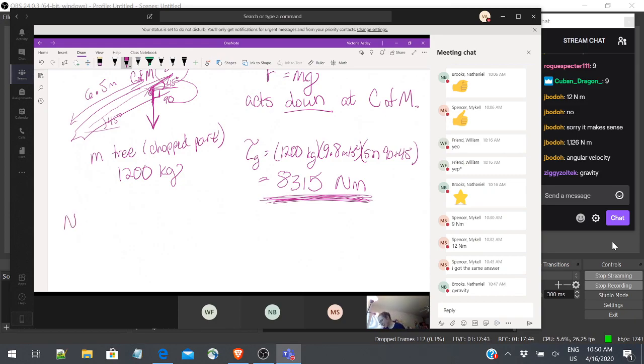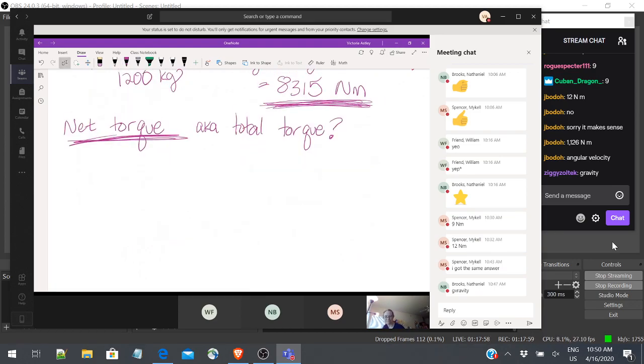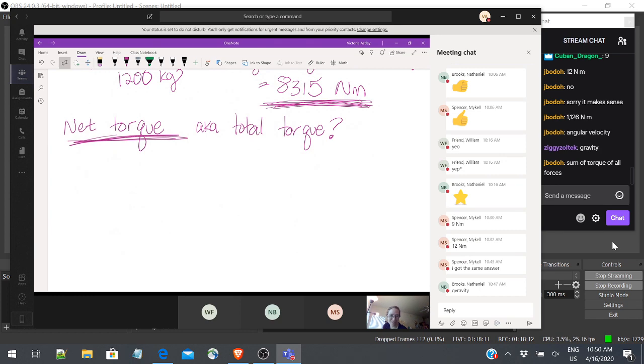If we want to find the net torque, aka the total torque, what would we do? Almost done, like 2 minutes. Tell me what we would do to find the total torque on this tree at this moment. Sum of the torque.